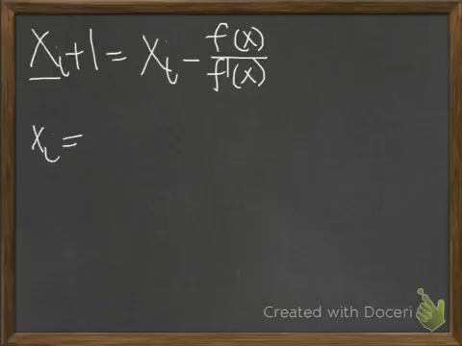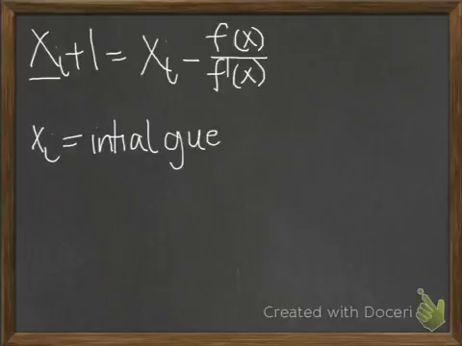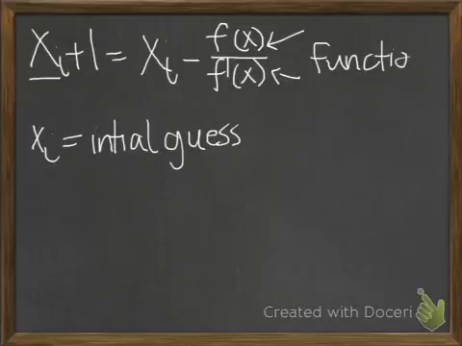The x_i is the guess that you're going to start with in the problem. And f of x and f prime of x are the function, both the regular function and the function's derivative at the bottom.